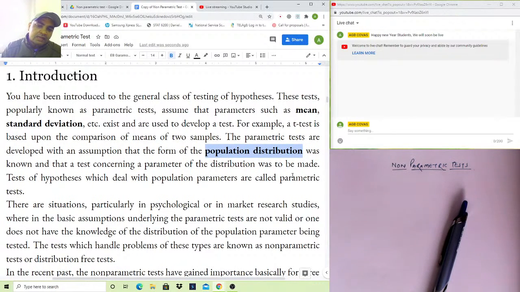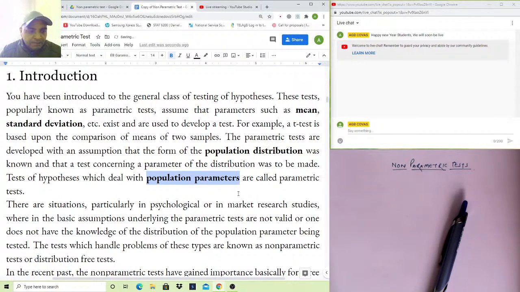Based on that distribution, whether it is a normal distribution, t distribution, chi-square distribution, or F distribution, we devised a test and tested our hypothesis. So tests of hypothesis which deal with the population parameters are called parametric tests.